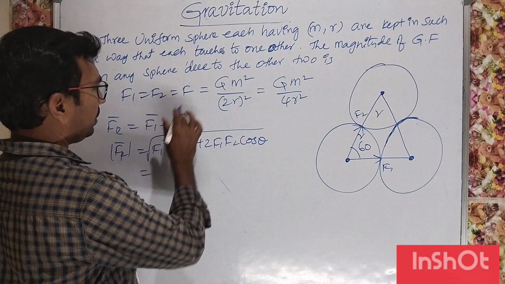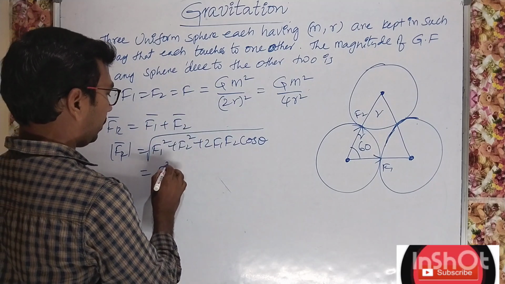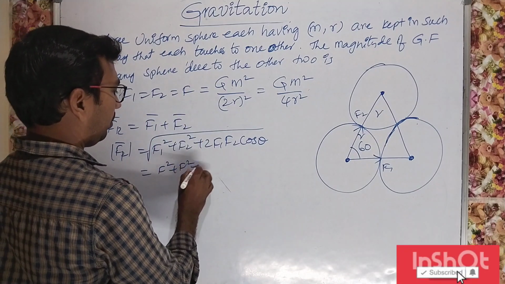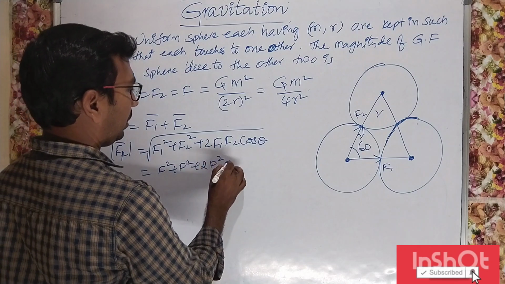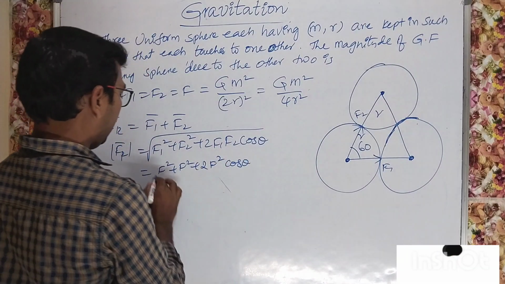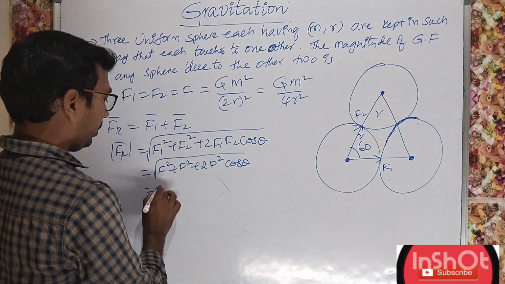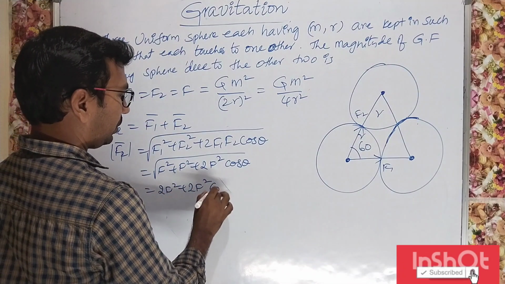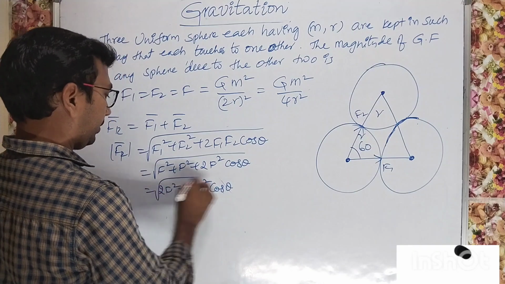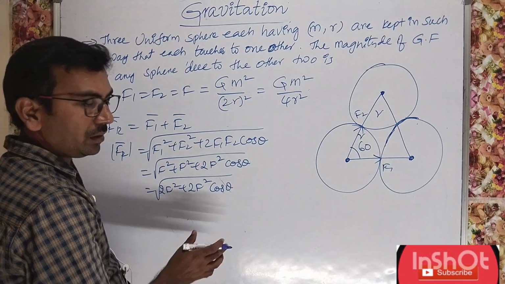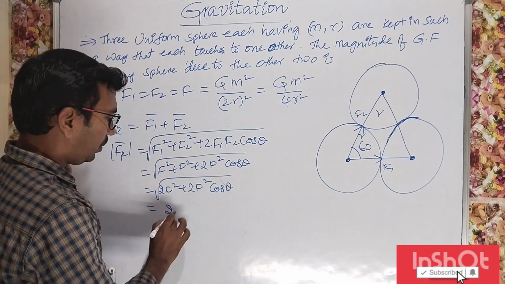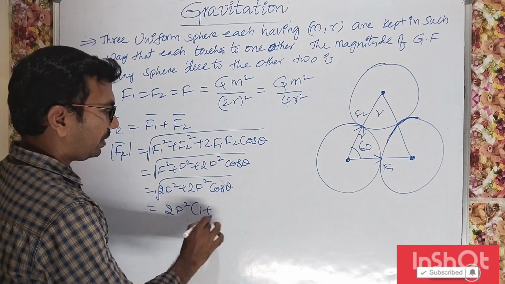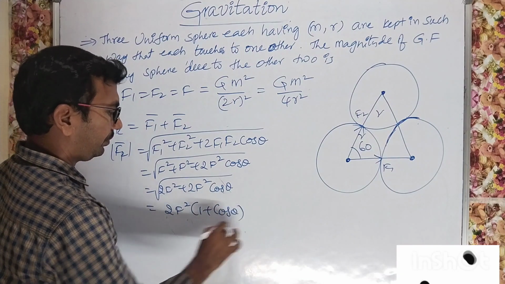So F1 means F. You can write F square plus F square plus 2F square cos theta, under root. So 2F square plus 2F square cos theta. Here 2F square is common: 2F square into 1 plus cos theta, under root.